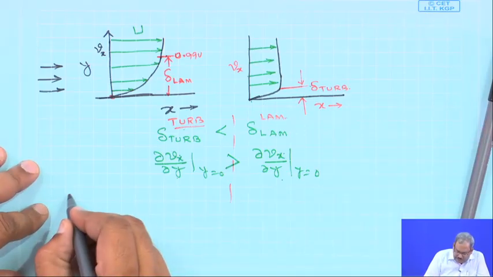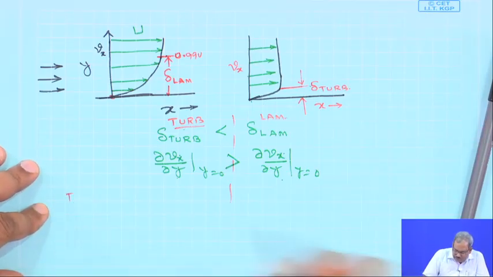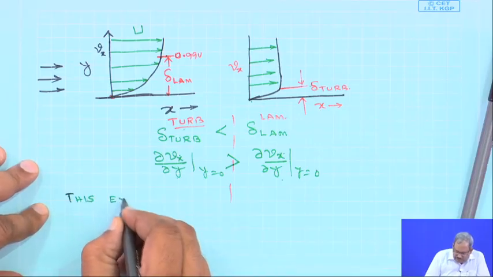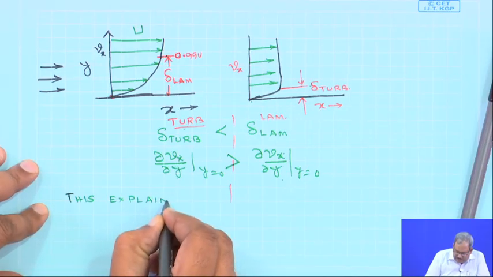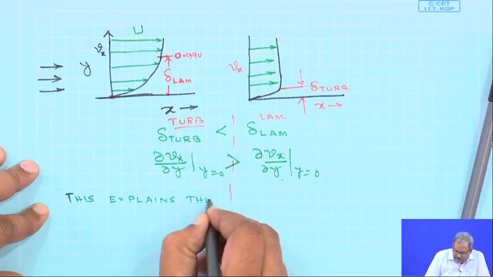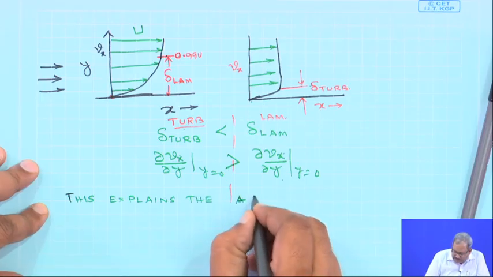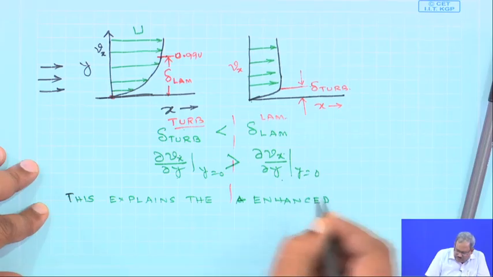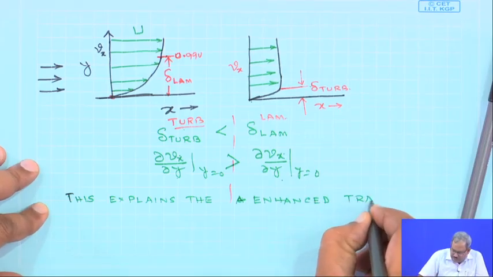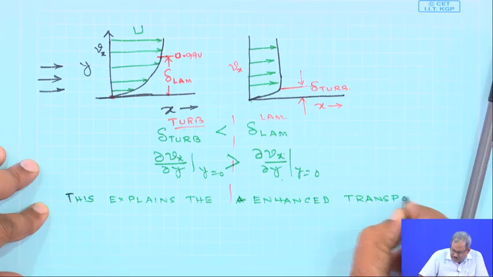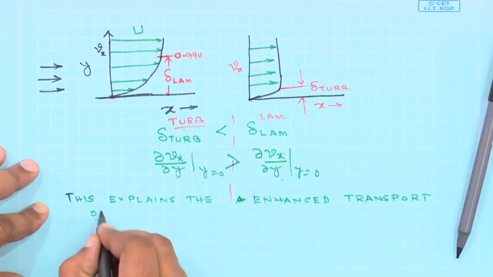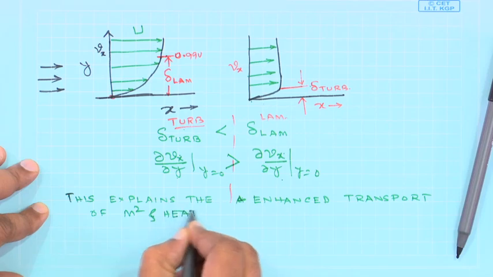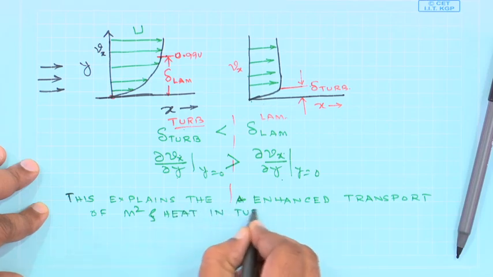So, this conceptually explains the additional or enhanced transport of momentum and heat in turbulent flow.